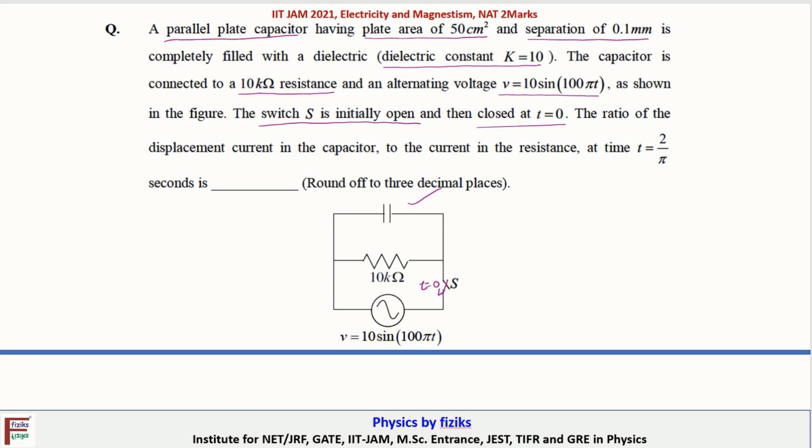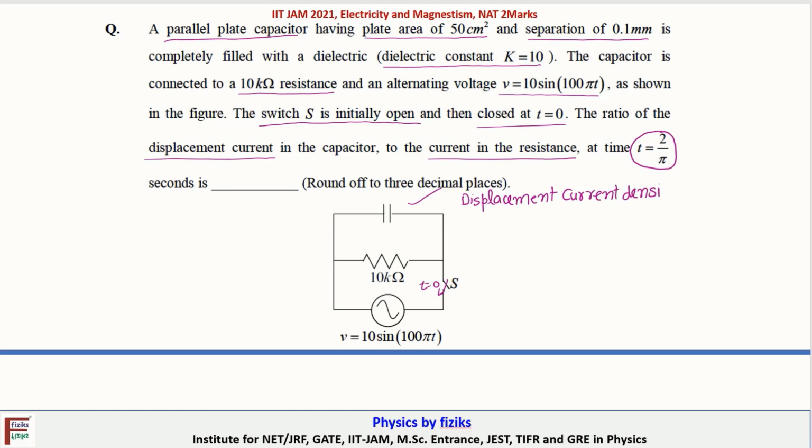Now find the ratio of the displacement current and the current in the resistance at time t is 2 by pi. So at this time we have to find the ratio. Let us first see what will be the displacement current density.